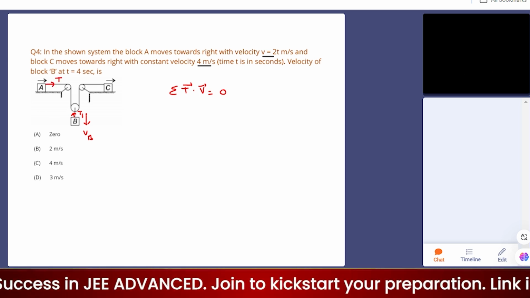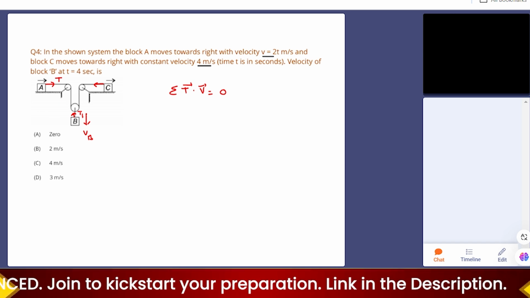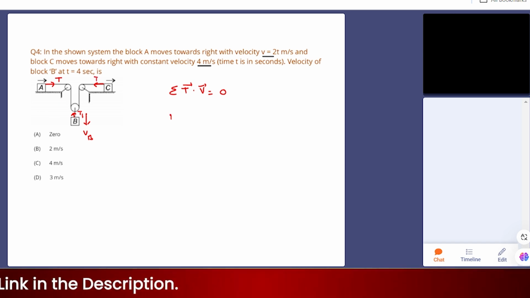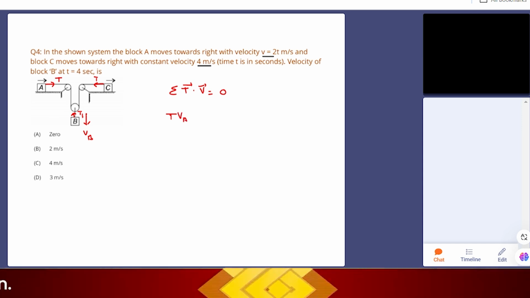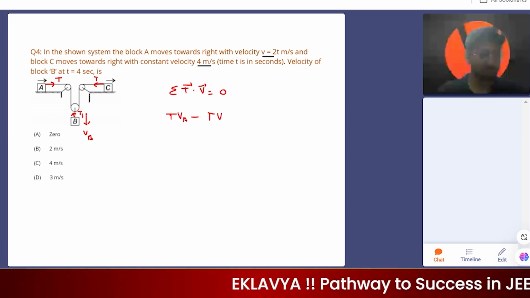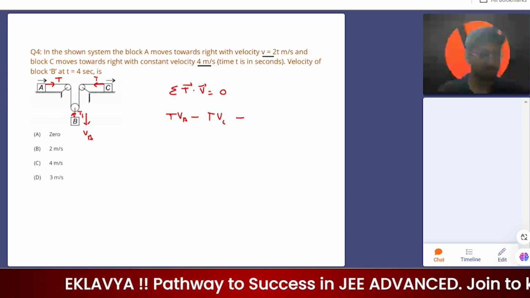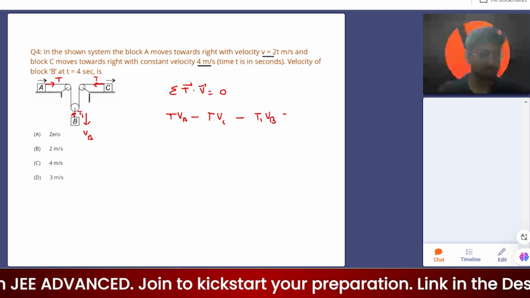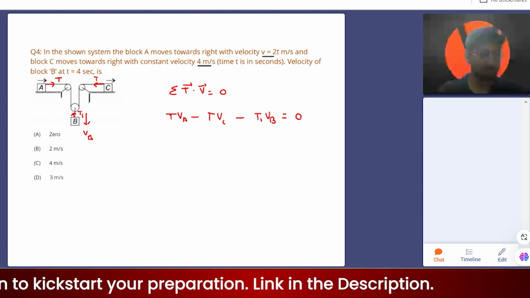Here block A's tension is in this direction, and block C's tension is in the opposite direction. So if I write the constraint equation now, it will be T times VA minus T times VC minus T1 times VB must be equal to 0.